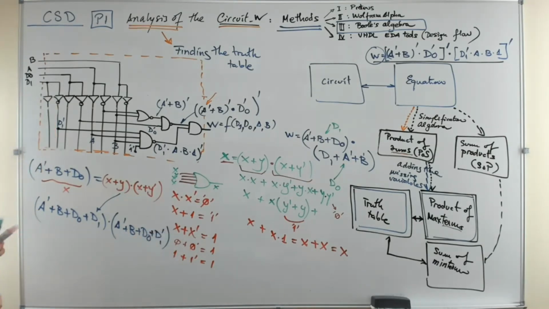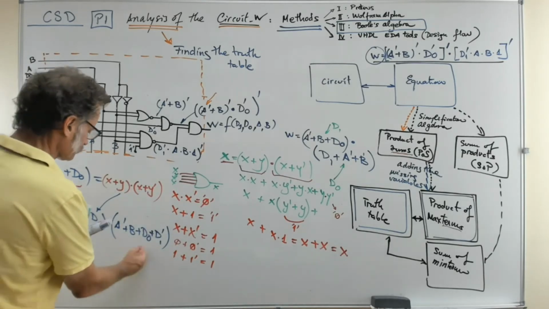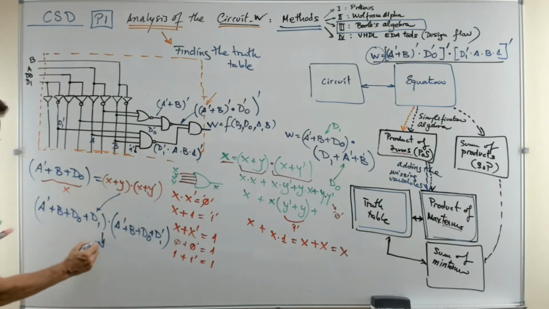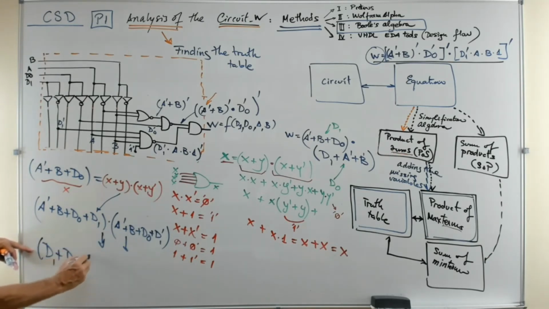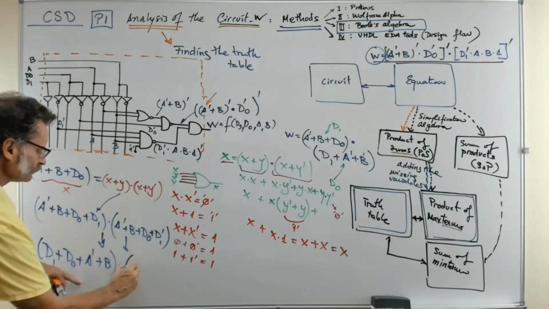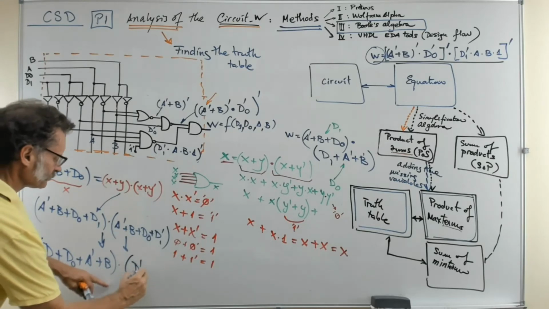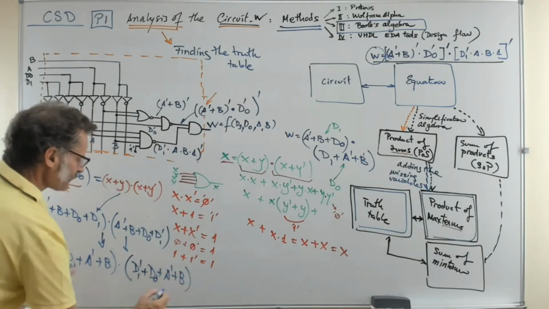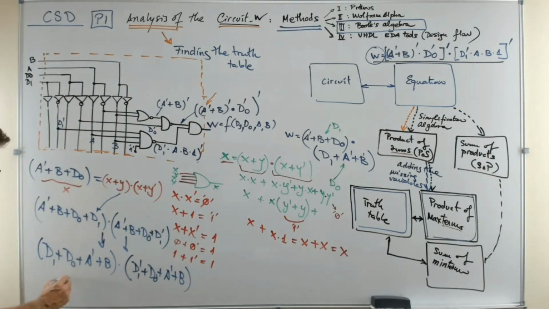That's it. So now what you've got is a sum. It is not yet a maxterm because the variables are not ordered correctly, but now you can arrange that. So now it is time for rewriting these terms in the right way: d1 or d0 or a not or b, and d1 not or d0 or a not or b.